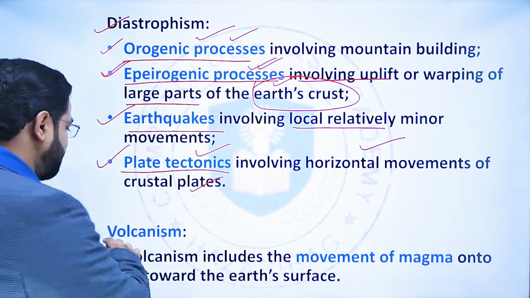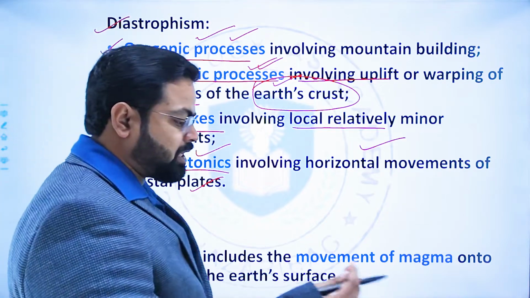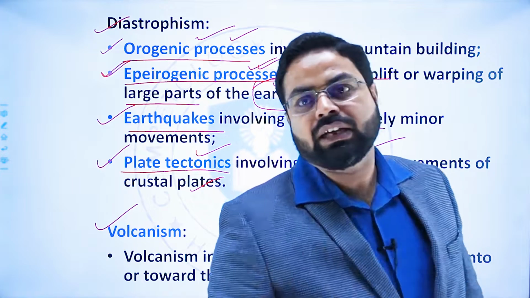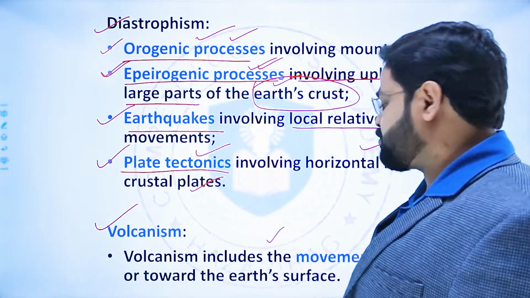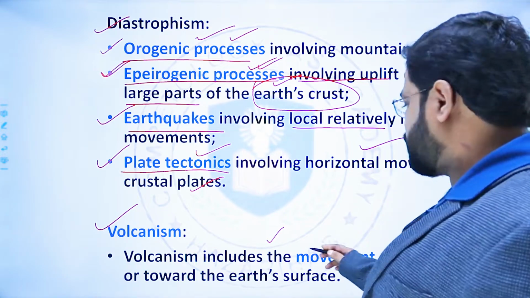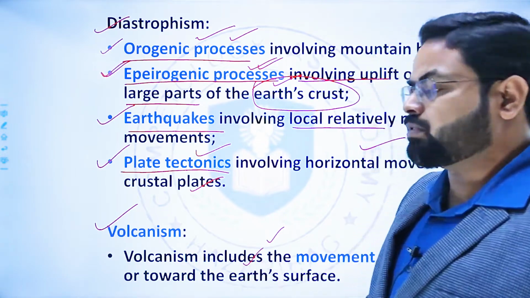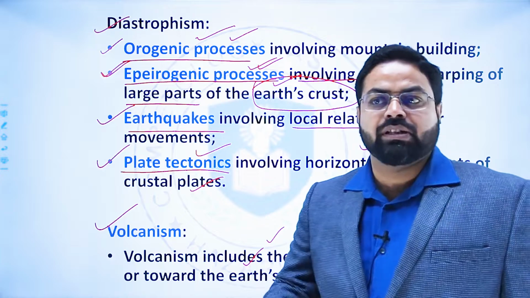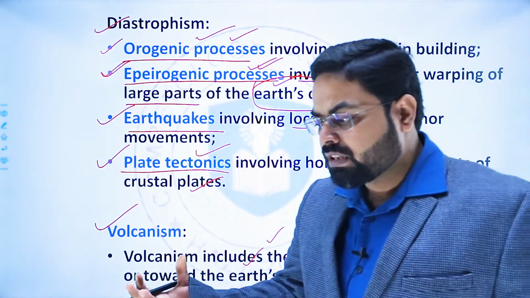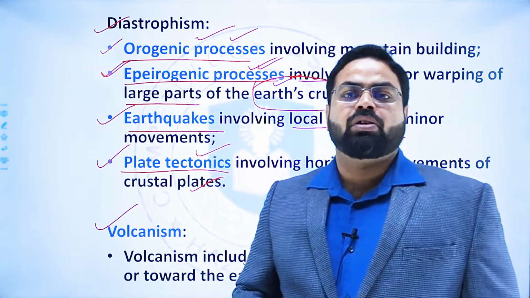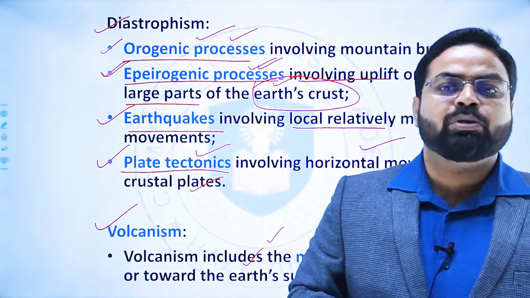Thereafter, volcanism. Volcanism, as we had seen in detail in the earlier lectures, includes the movement of magma onto the surface of the earth or towards the surface of the earth when they find any weak fracture zone or vent, because magma is molten rock and is considerably mobile.